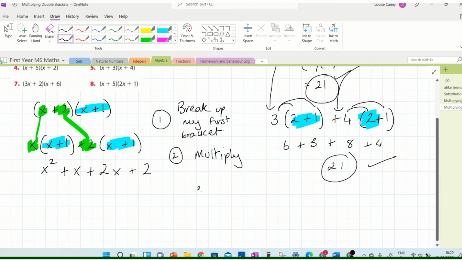And then my final step here is to group like terms or simplify. Means the same thing.